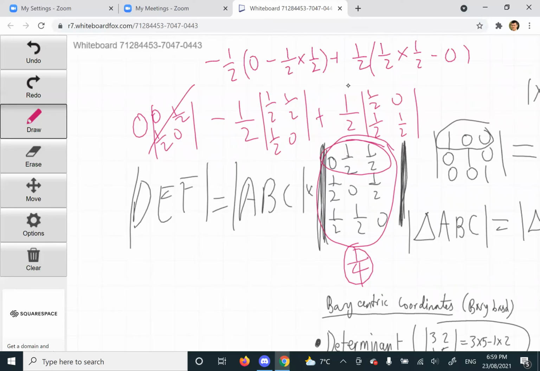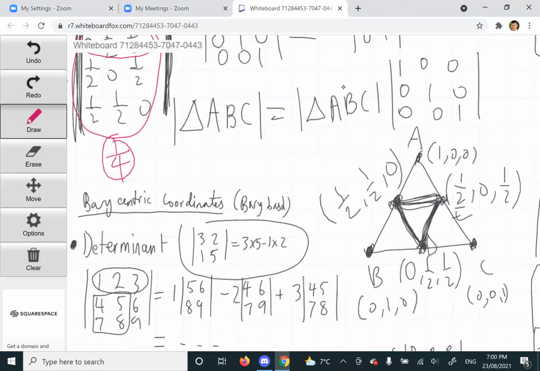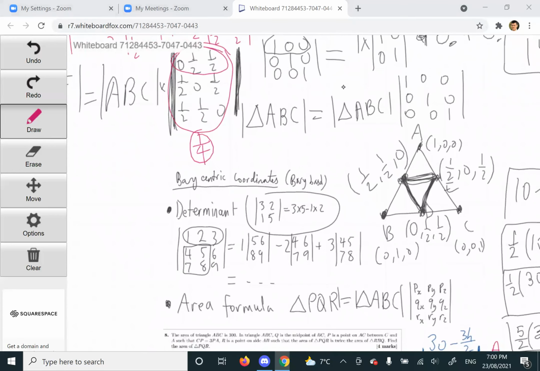So this is a quarter. So the formula checks out for that, but we're not going to prove the formula, we're just going to use it.